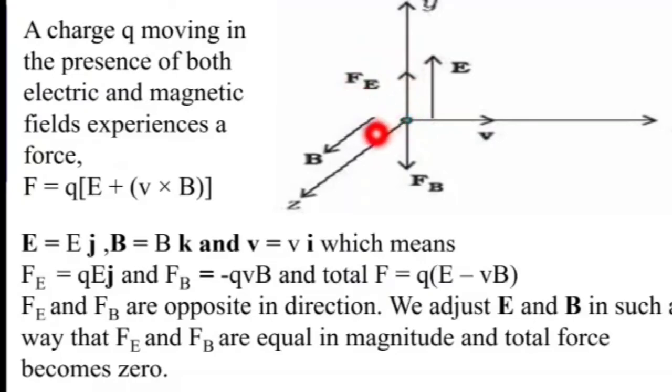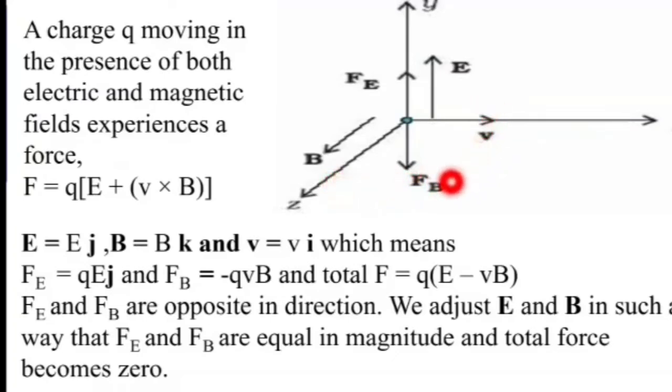And due to the magnetic field, it experiences a magnetic force, represented by Fb, and the direction of the magnetic force will be the direction of v cross B, that is from v to B.